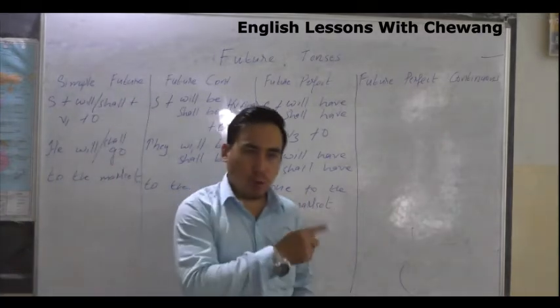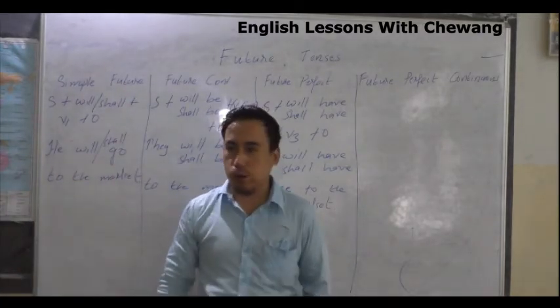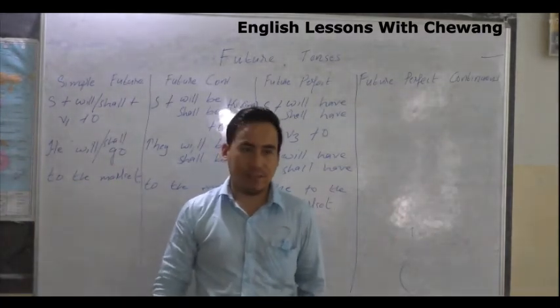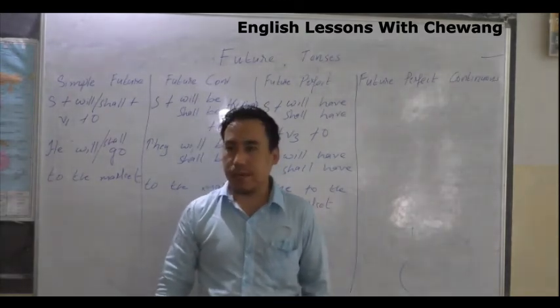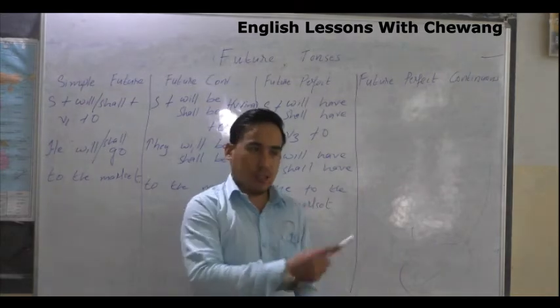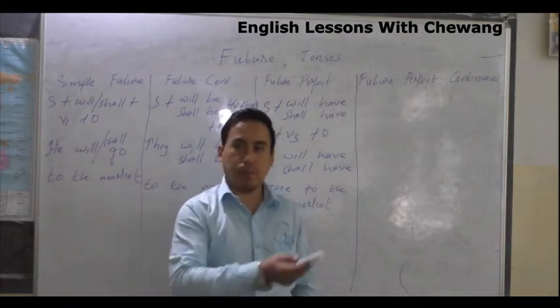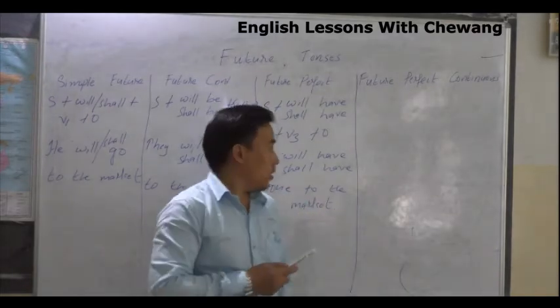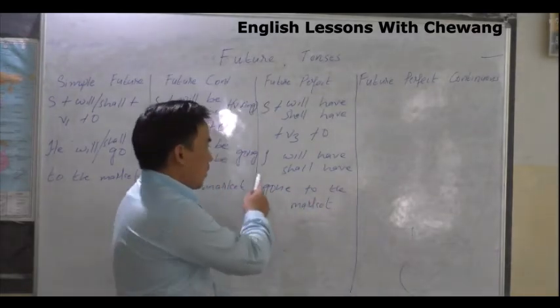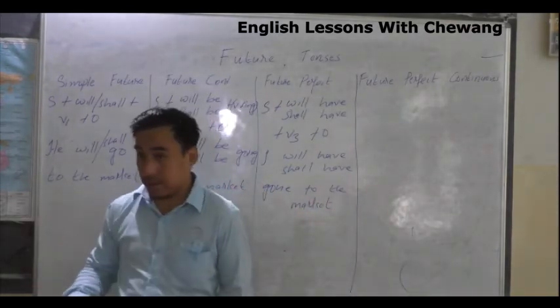Remember, after will or shall, it will always be followed by have, not has. Okay, there can never be has. Be it singular or plural. Be it the subject be plural or singular. Okay. He will not have gone to the market.